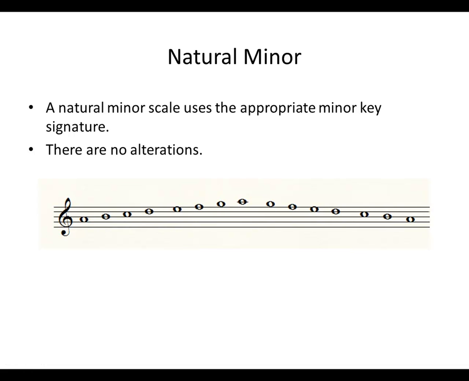So if this were a major scale, the first 5 notes would sound like this. And that C would be a C sharp. But this is a natural minor scale, so the first 5 notes of the scale sound like this. Notice the lowered third.